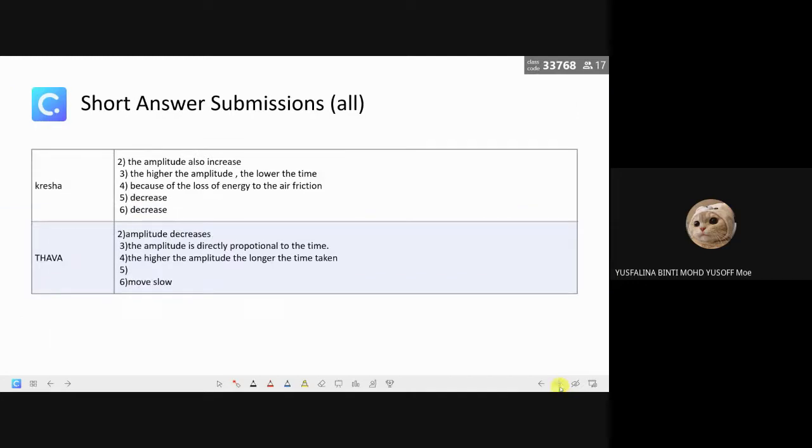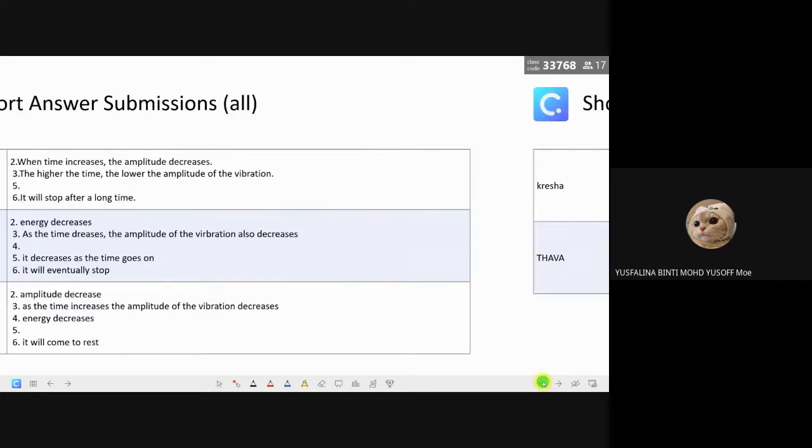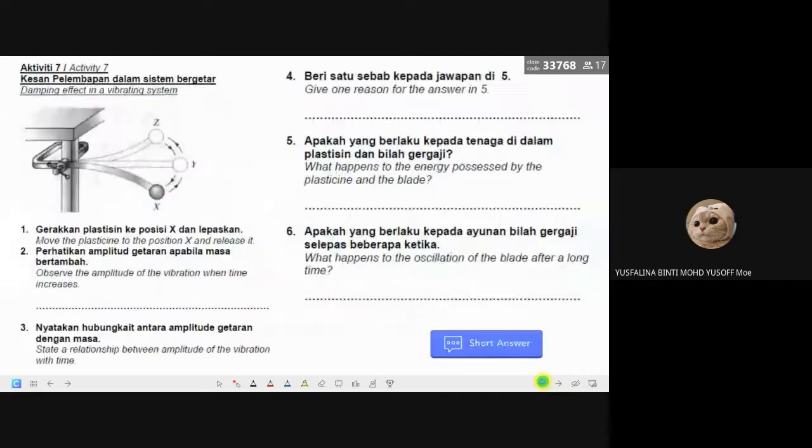Okay, so most of you got it slightly wrong. I will discuss this question first. Here it asks you to observe the amplitude when the time increases. So the amplitude should decrease. That's the answer.